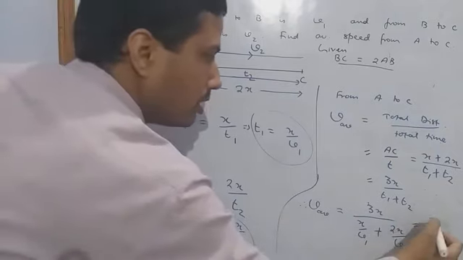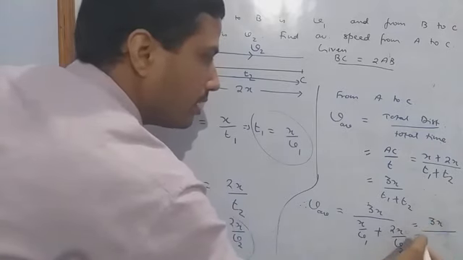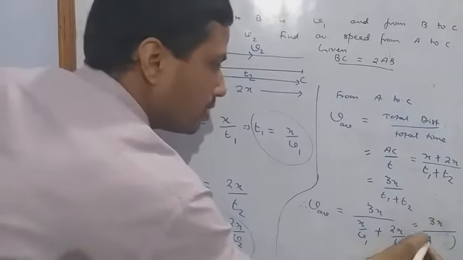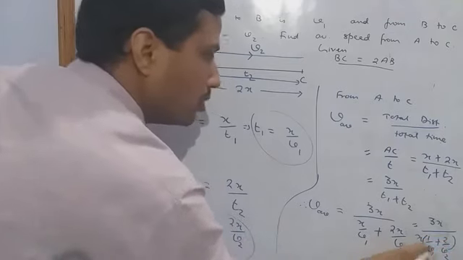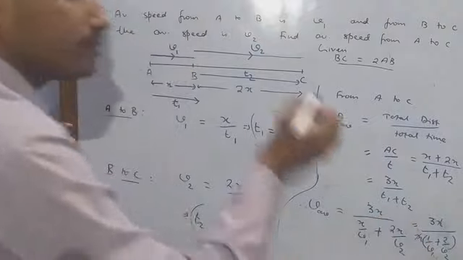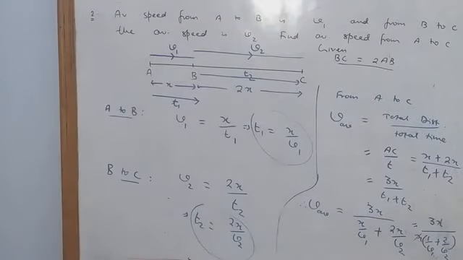Is equal to 3x divided by x, you will take common. What will be left? 1 upon V1 plus 2 upon V2. You can see, students, x will cancel. Rest is mathematics. You can take the LCM.